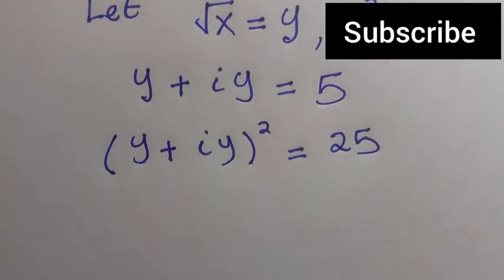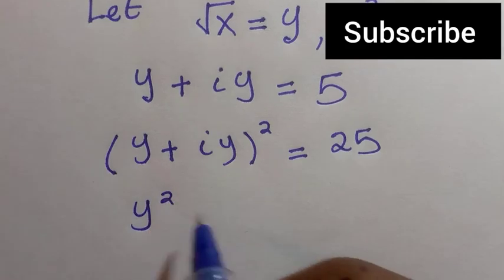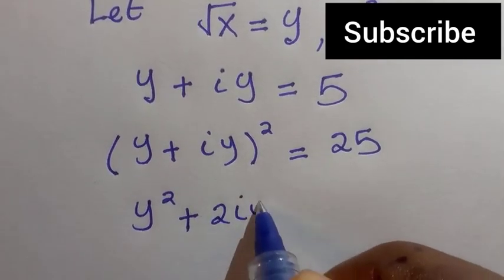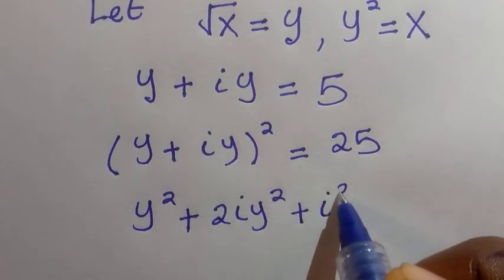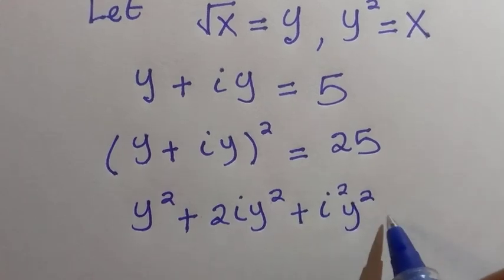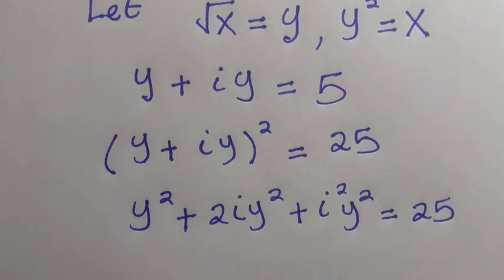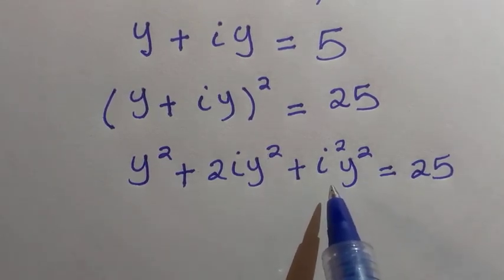By expanding (y plus iy) square, what we are going to have is y square plus 2iy square plus i square y square equals 25. And looking at this, y square and plus i square y square, they will cancel each other.